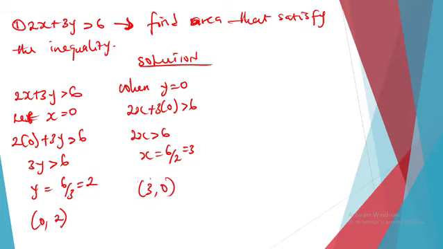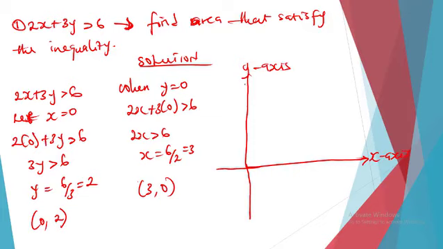So we now plot this graph. We plot this on a graph, and we have something like this. Here is our y-axis, here is our x-axis.